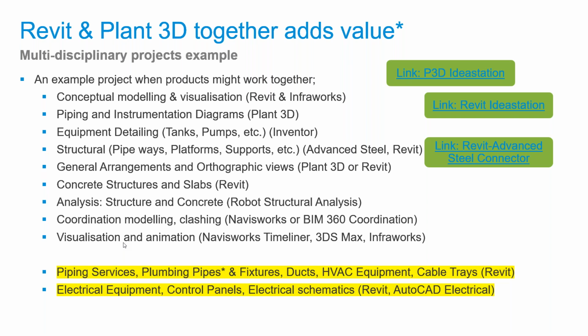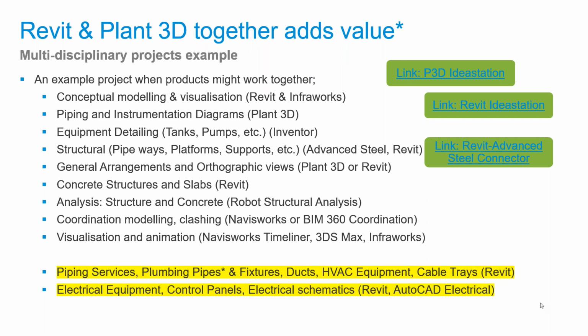But as I said, it's just to trigger the capabilities here. As I said, there are some very interesting workflows which are built with those products. For GA and ortho, Plant 3D can be used, or Revit as well. You can do general arrangement in Revit as well. For the overall concrete structure and slabs, Revit is the product to do that.